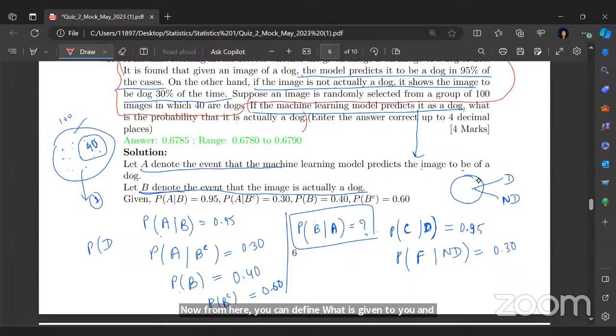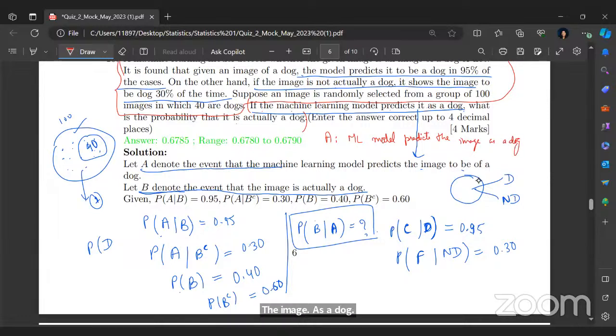What was given to us is that the machine learning model predicts it as a dog. So I can define one event, let's say event A, and I'm defining this event A as that the ML model, machine learning model, predicts the image as a dog. And what you have to find?